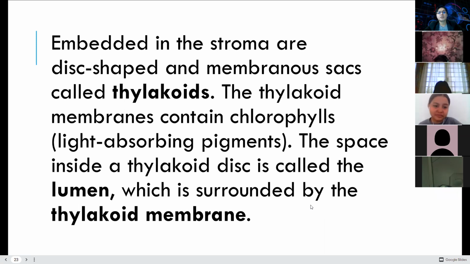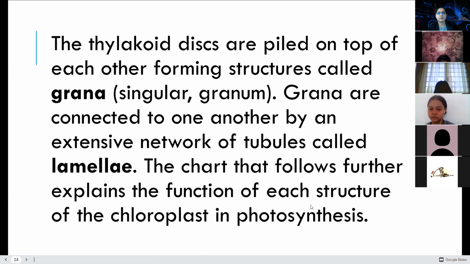Embedded in the stroma are disc-shaped, membranous sacs called thylakoids. Thylakoid membranes contain chlorophyll, the light-absorbing pigment. The space inside the thylakoid disc is called the lumen, which is surrounded by a thylakoid membrane. The thylakoid discs are piled on top of each other, forming structures called grana. Grana is plural; singular is granum. Grana are connected to one another by an extensive network of tubules called lamellae.